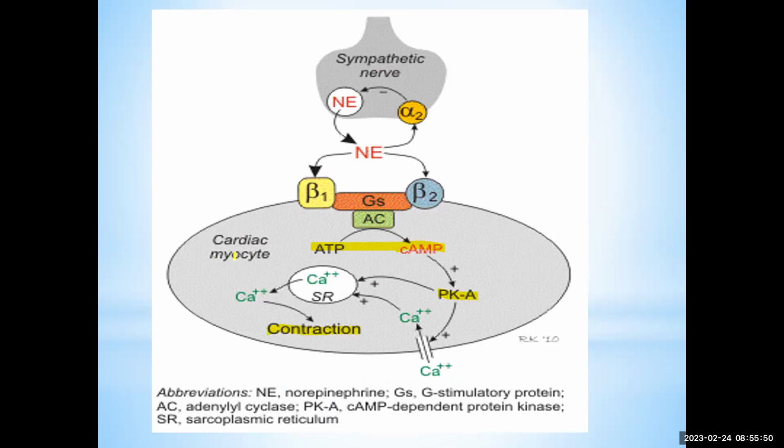Now, what if this was smooth muscle instead of cardiac myocytes? Now, it's not quite so simple, is it? It's not quite so simple because in smooth muscles, cyclic AMP inhibits myosin light chain kinase.